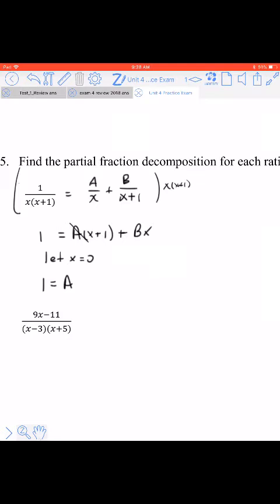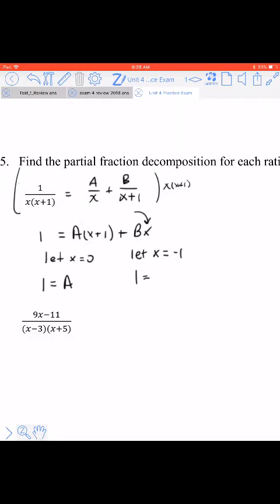If I do that process one more time, because now I need to solve for b, so I need to try to cancel the a somehow. If I let x equal -1, that'll do it. So I'm going to let x equal -1. On the left side of the equation, we just get a 1 again. That's not going to change. When I plug in the -1 there for x, -1 plus 1 is 0. 0 times a is 0, so a disappears.